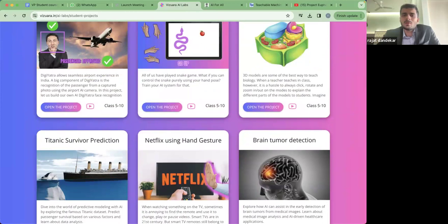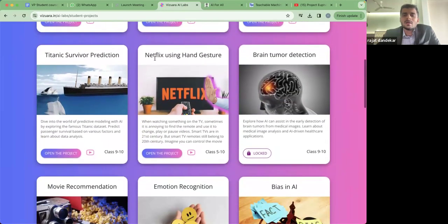So we looked at examples of classification and regression. There is this other example of gesture recognition where you can actually move the cursor using your gesture itself.